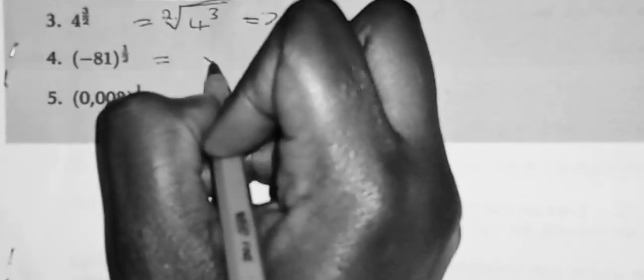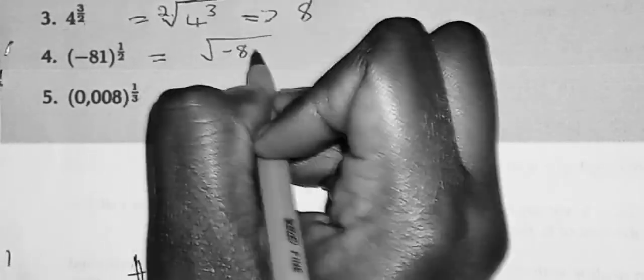It is a radical sign. Because this is 1 over 2, you just write the radical sign and then negative 81, and you leave it like this.